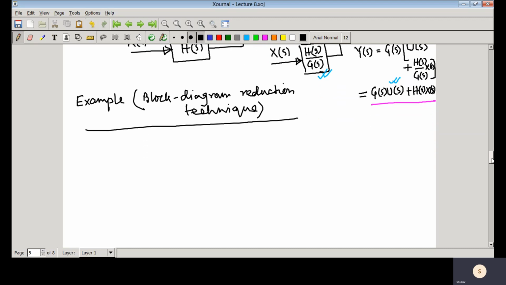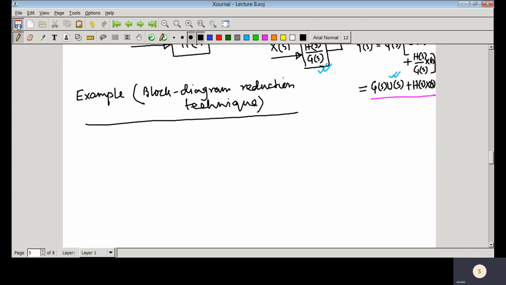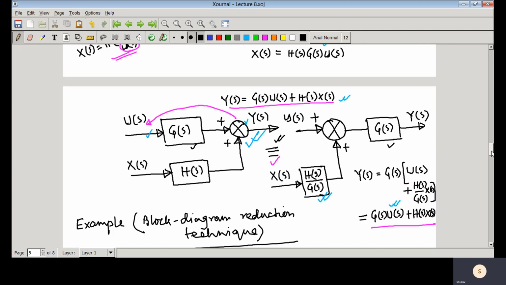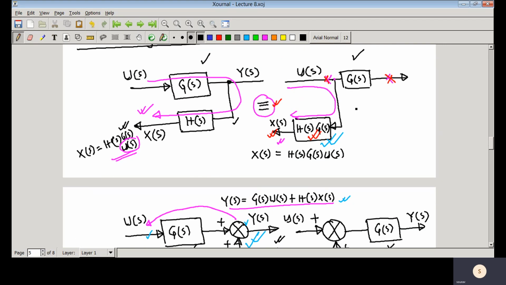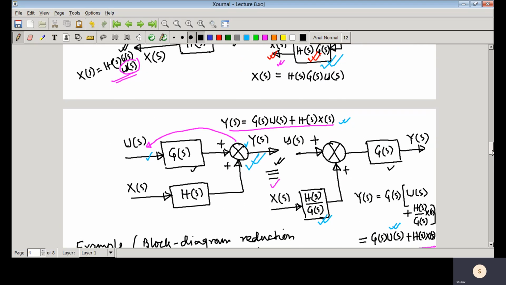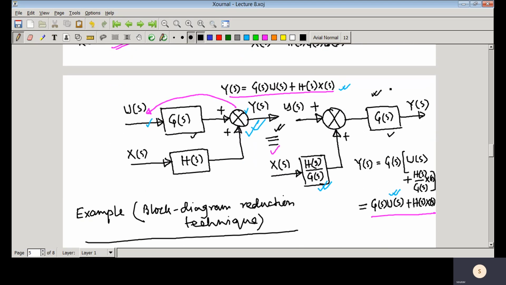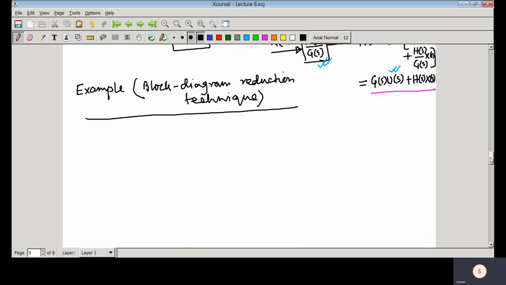So what is your objective? Your objective is to find the transfer function of that block using the block diagram reduction technique. That means you need to follow these techniques: shifting the branching point or shifting the position of the comparator. So let us see a simple example.